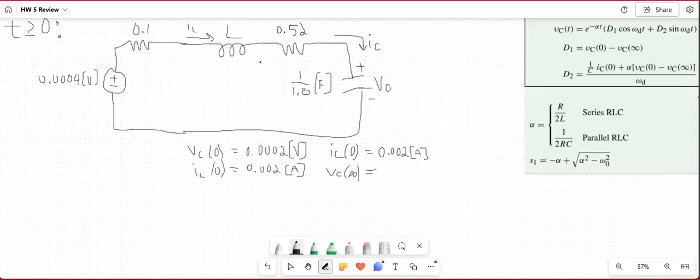So when there's a voltage source connected, VC will charge, and this is my understanding of it, it'll charge until it gets to 0.0004 volts and then it will stop. So the maximum it can get to, up to infinity, so just forever, is it just charges up to 0.0004. Oops, that's a zero there.